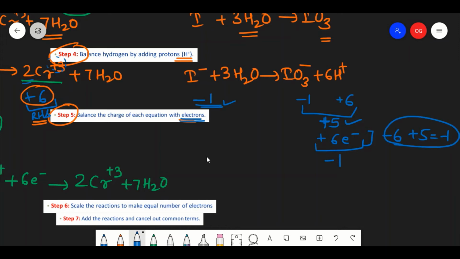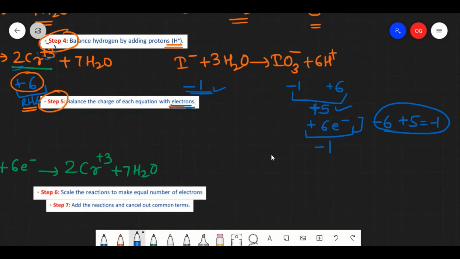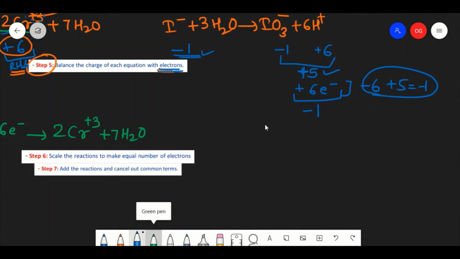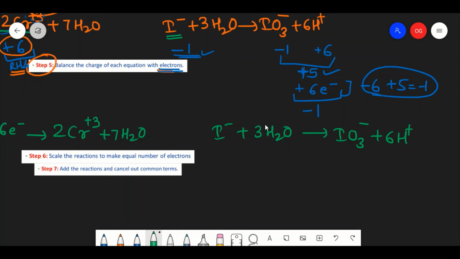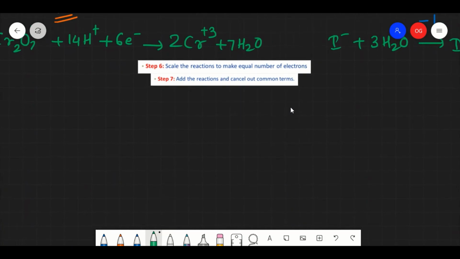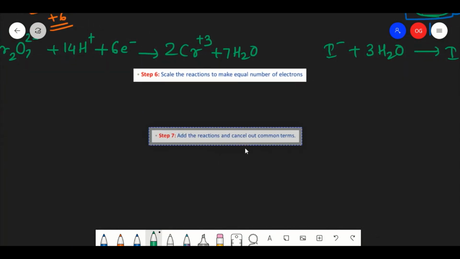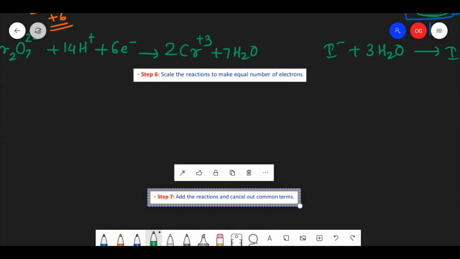I hope you have understood. So now my equation will become I- plus 3H2O gives IO3- plus 6H+, and these 6 electrons I am adding here. Pretty simple.